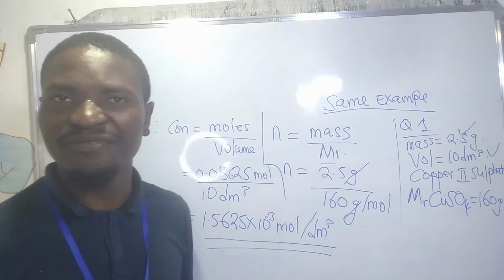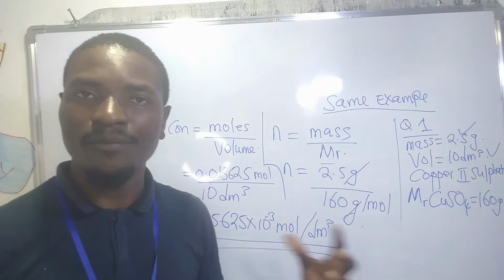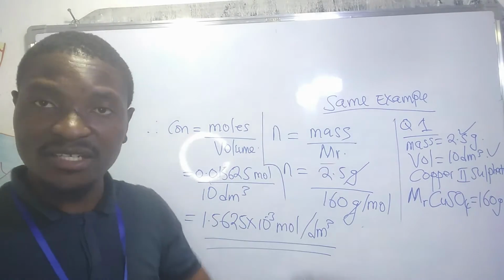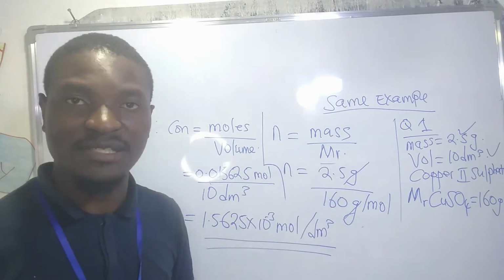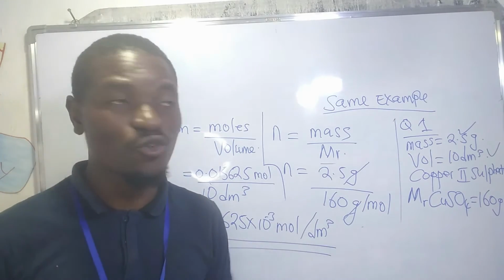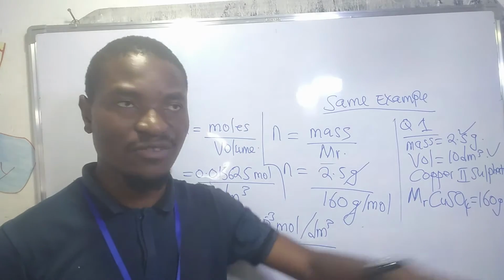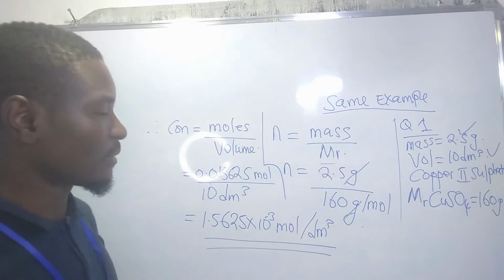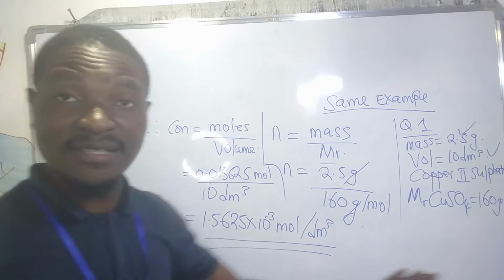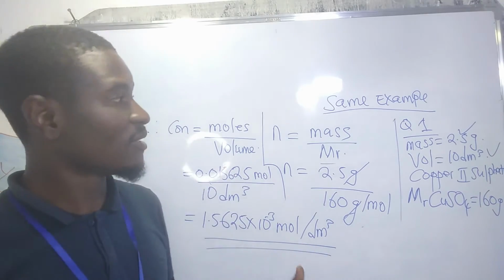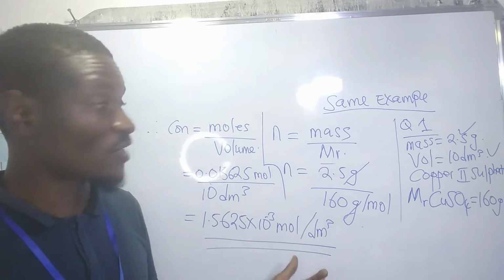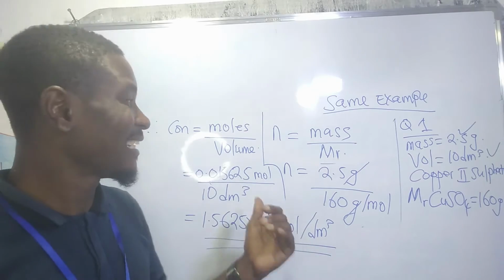It may seem very difficult or tough, but I encourage you that once you practice, everything is just going to flow like water, very smooth. So this is how you can go about using this other formula of concentration, moles per cubic decimeter.